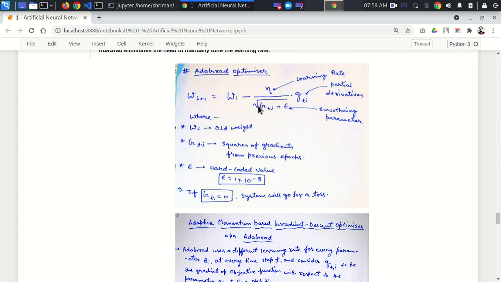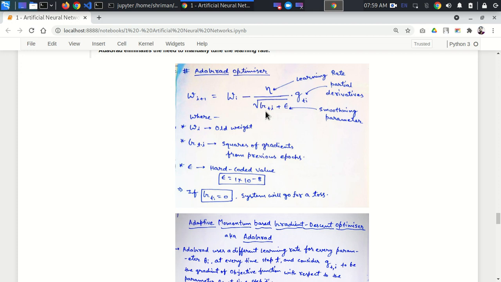What is this value? It is G_ti plus epsilon, where G_ti is the squares of gradients from previous epochs, and epsilon is a hard coded value, 1 into 10 to the power minus 8.